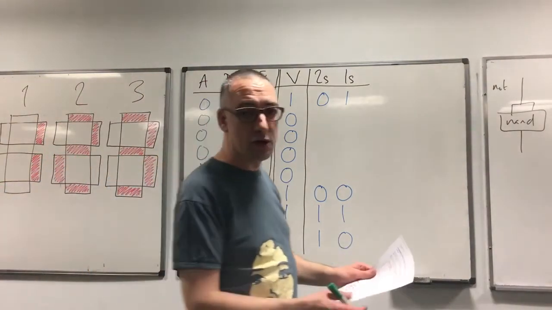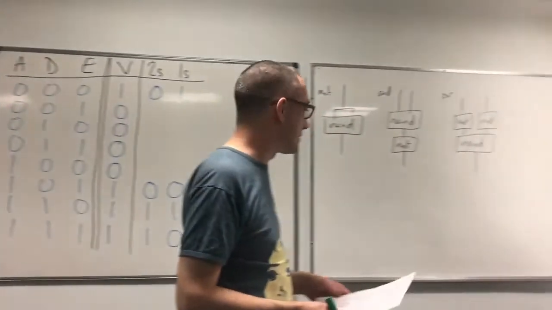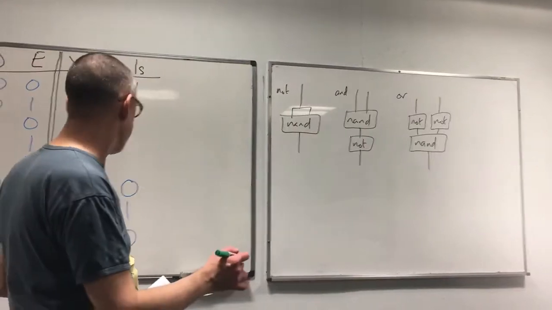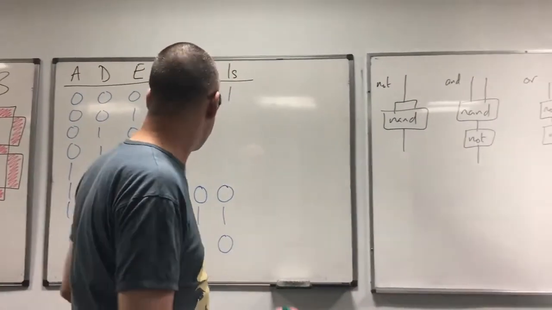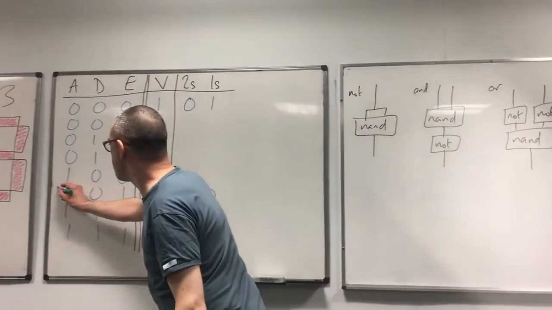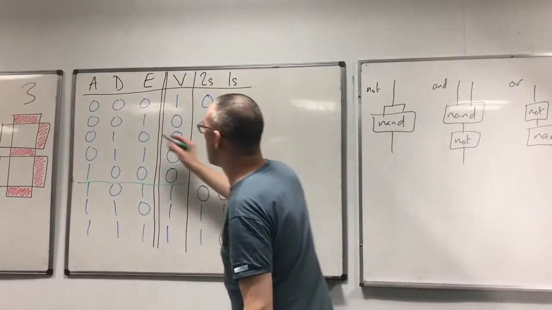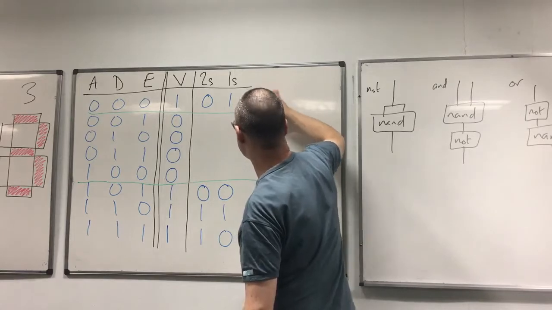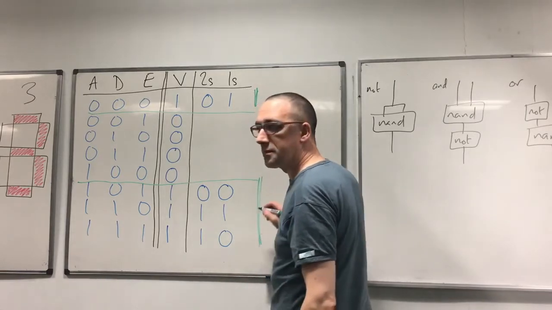We certainly have not and or at our disposal, so let's get cracking. What do we need to do? We need to consider the cases where we get a 1 in the output. That's this case and these 3.